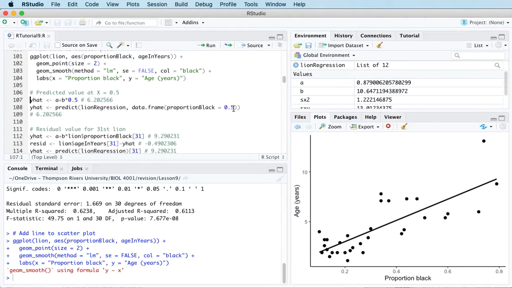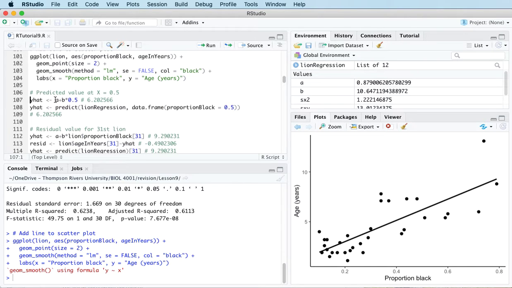Let's suppose the researchers have measured the amount of black pigmentation in a particular lion, and they've discovered that it's 0.5, so 50% black. Using this fitted simple linear regression model, what would be the predicted age for that lion?